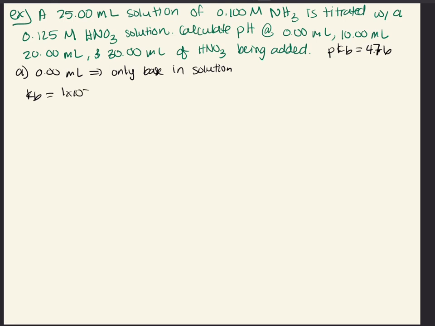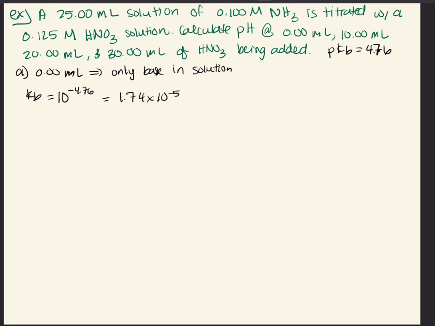We can take the antilog of our pKb. So I get 1.74 times 10 to the negative 5.